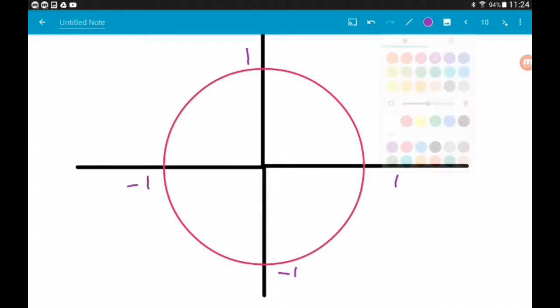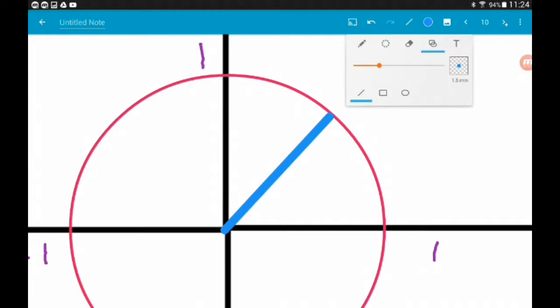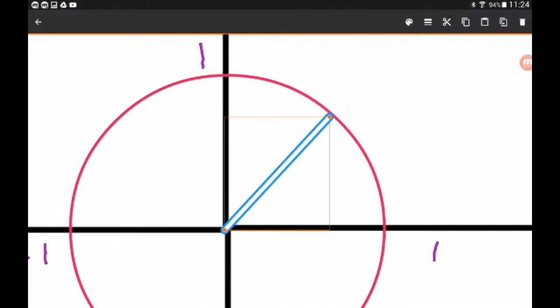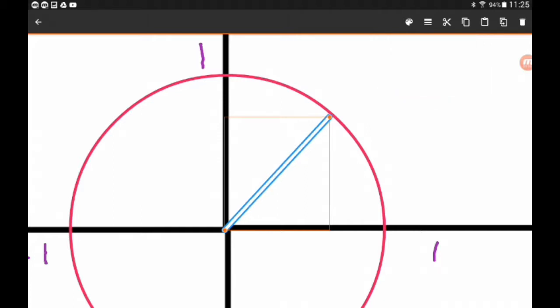Okay, so what we're going to do now, we're going to draw a radius in. We're going to draw a radius, so that's going to come from the origin up to the circumference of the circle, like that. It doesn't need to be so thick. Okay, that'll do. So why have we done that?